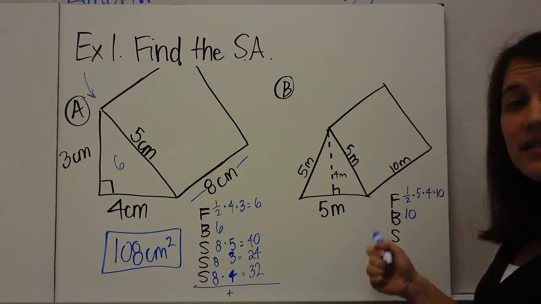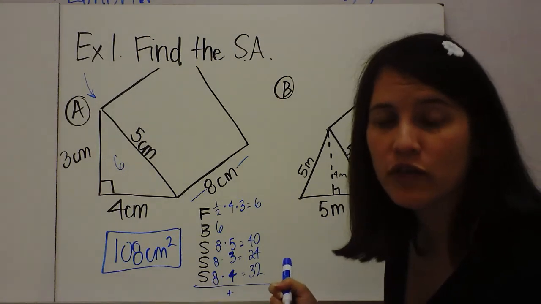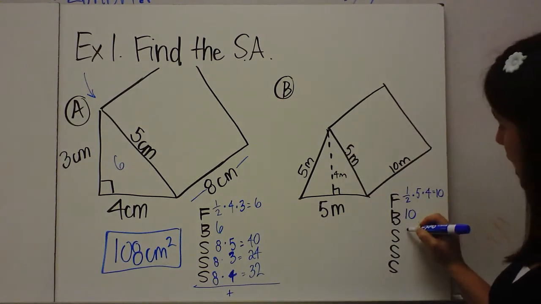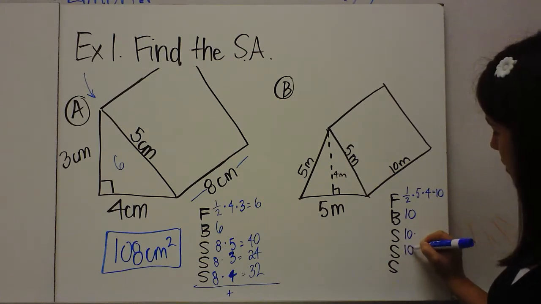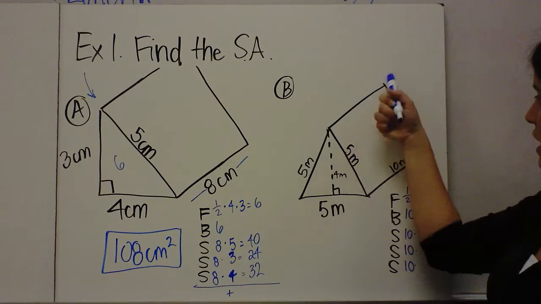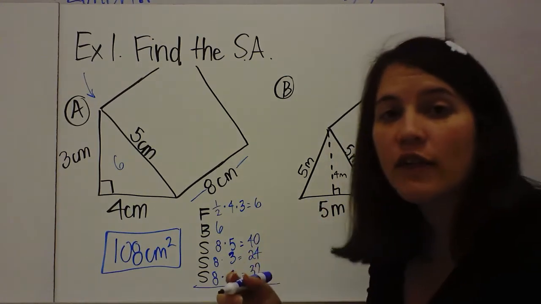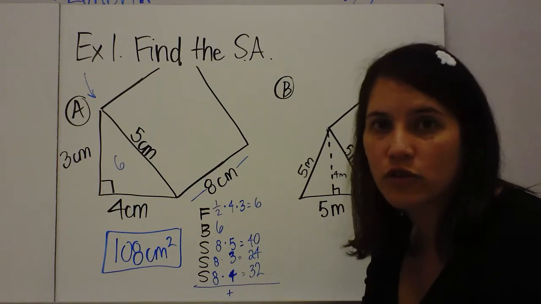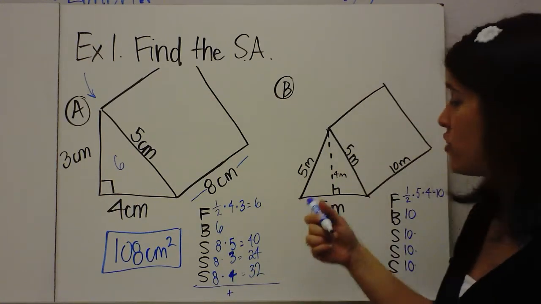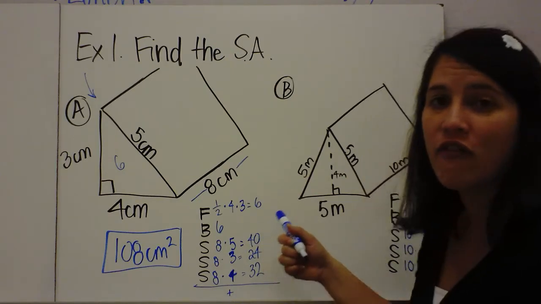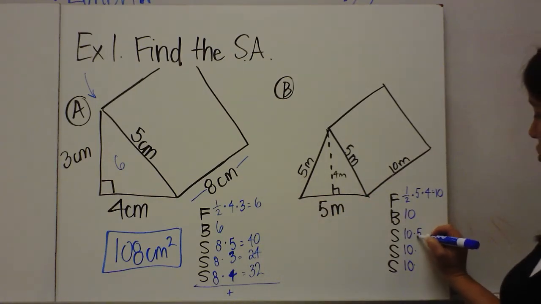Now our 3 sides, remember I just told you you're going to use the same length for all 3 sides, and so the length would be 10. So 10, 10, and 10. Then you have to use each side of the triangle. Side 1 of the triangle, side 2 of the triangle, side 3 of the triangle. But when you look at this triangle, you should notice that all the sides are the same. They're all 5. So that means we're going to use 5.